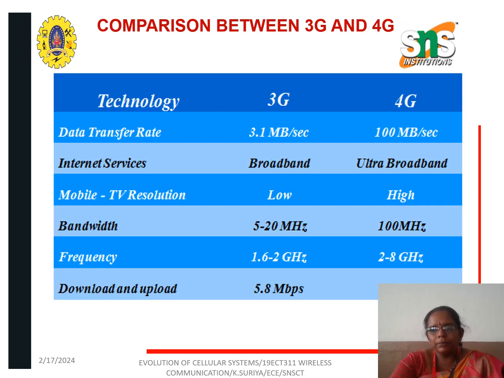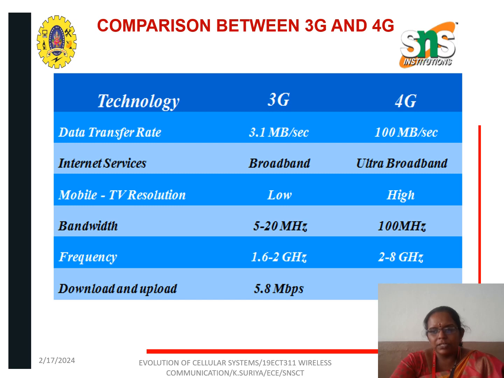This is a comparison between 3G and 4G technology. So data transfer rate for 3G is 3.1 megabits per second, and 4G is 100 megabits per second. Internet services include for 3G it is broadband, and for 4G it's ultra broadband. Mobile TV resolution is low in 3G, whereas it's high in 4G.